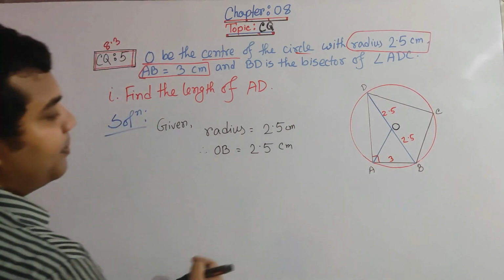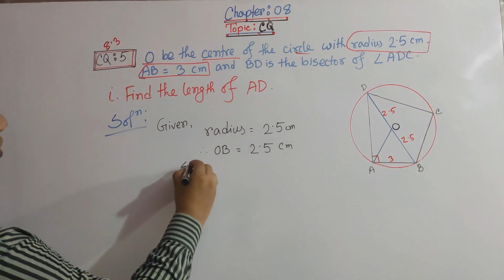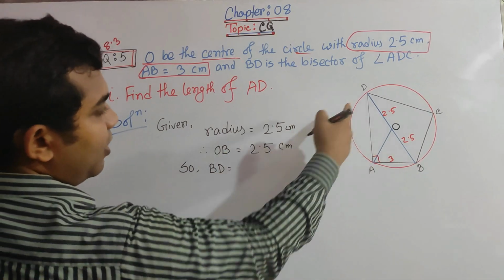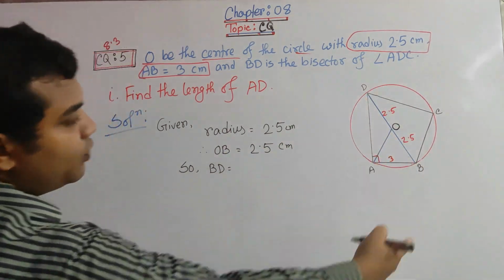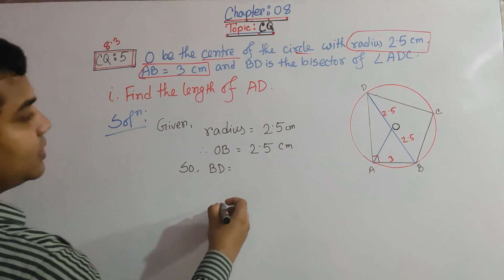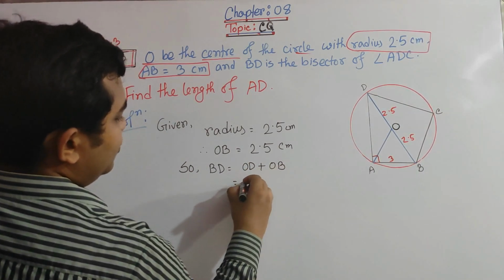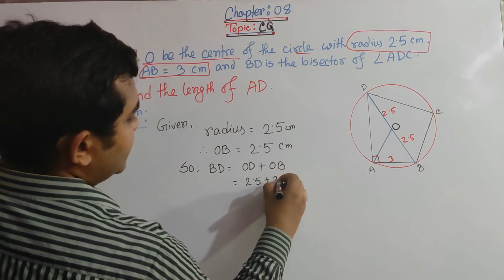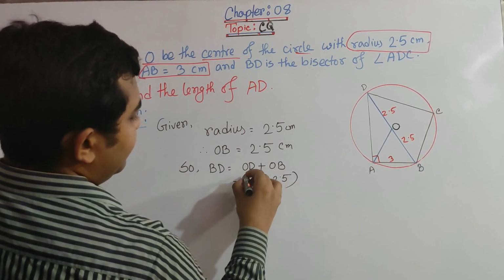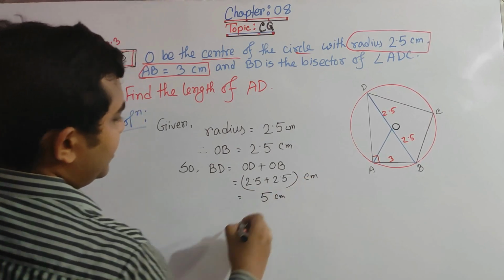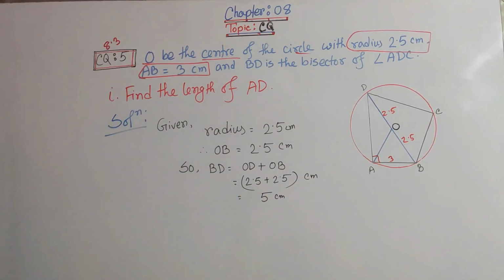So what about BD? BD should be 2 times OB, or 2.5 plus 2.5, because these two are both radii. So OD plus OB is 2.5 plus 2.5 centimeter, which equals 5 centimeter.